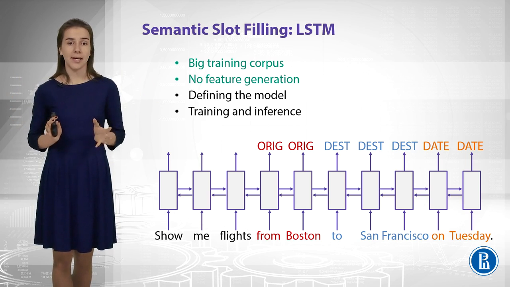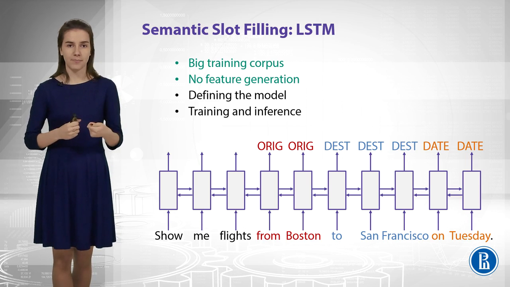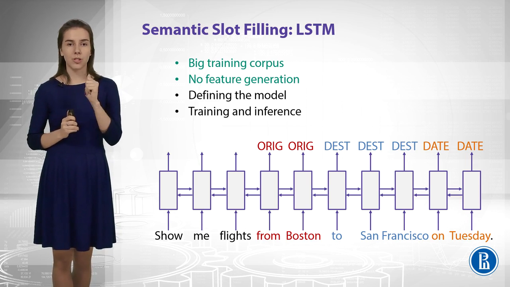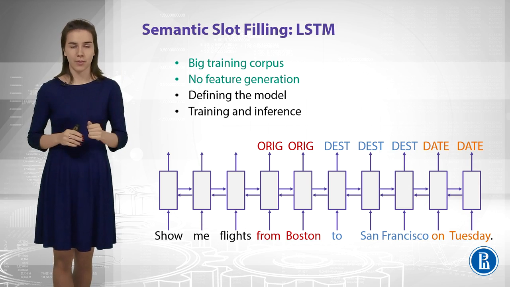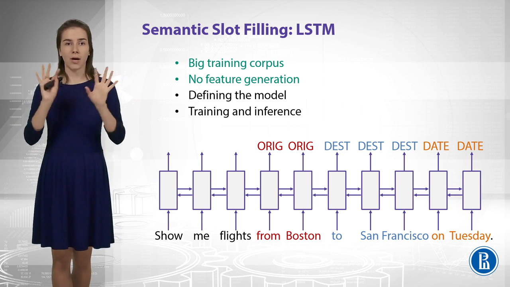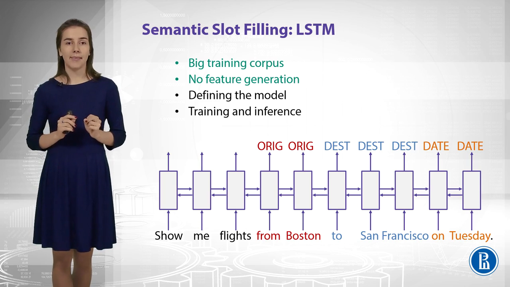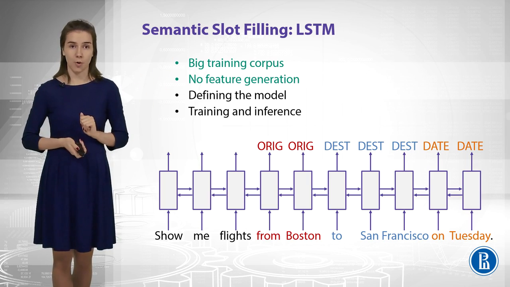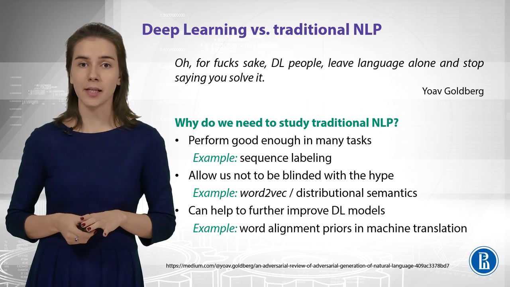I just show you the idea that you feed your words just as one-hot encodings, as vectors that have only one non-zero element that corresponds to the number of this word in the vocabulary, and lots of zeros. So you feed these vectors to some complicated neural network that has some complicated architecture and lots of parameters. You train these parameters, and then you apply this network to your test data to get the tags out of this model.